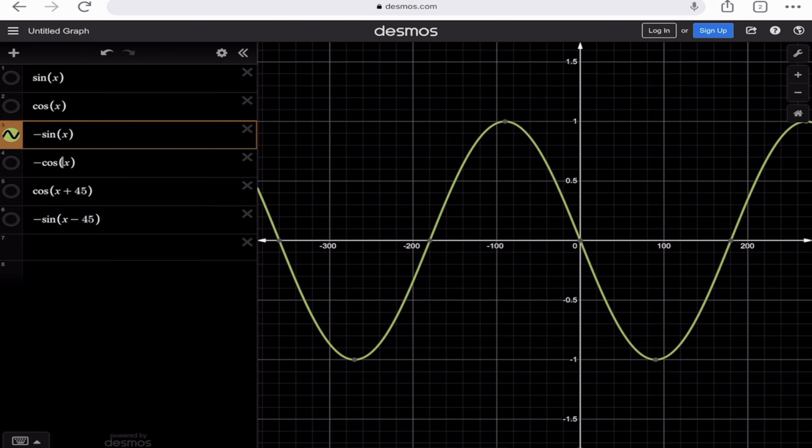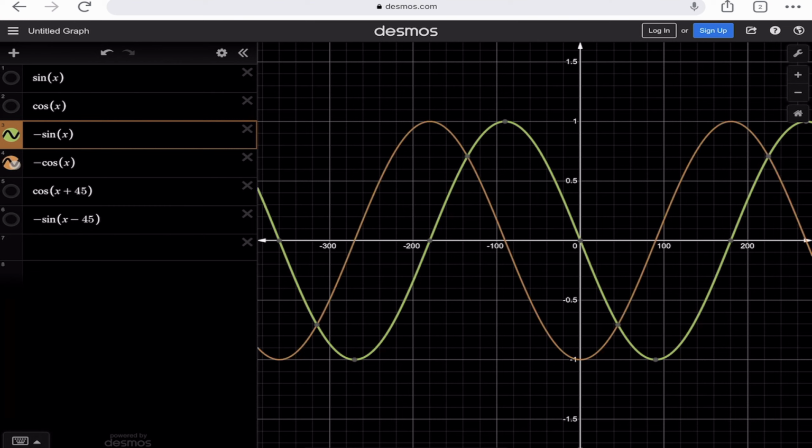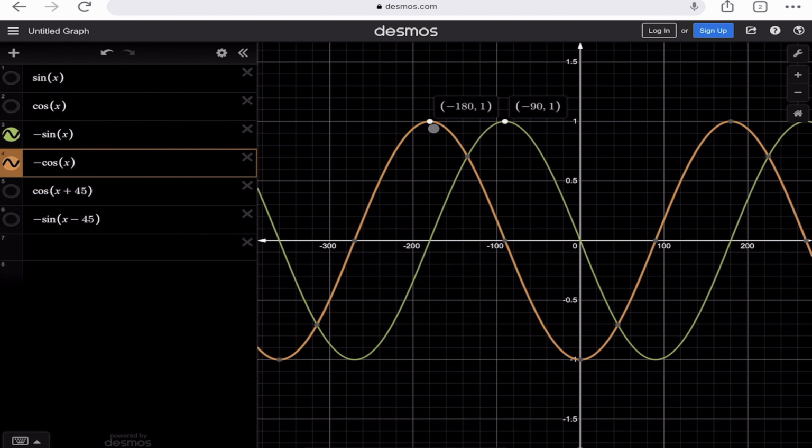So sine reflected across the x-axis, and then let's look at cosine reflected across the x-axis. Here we see that sine from 0 is shifted negative 90, and we see that cosine is shifted 180.